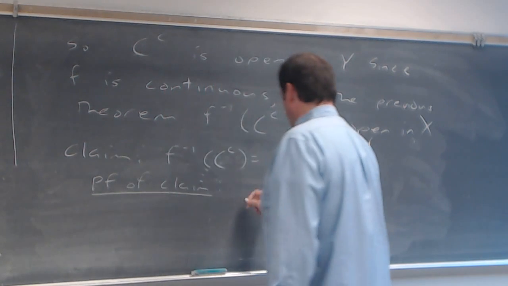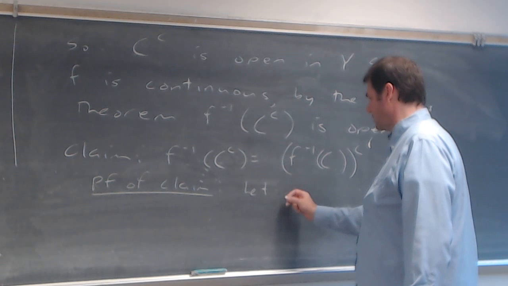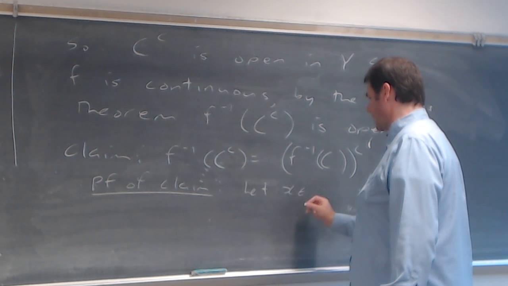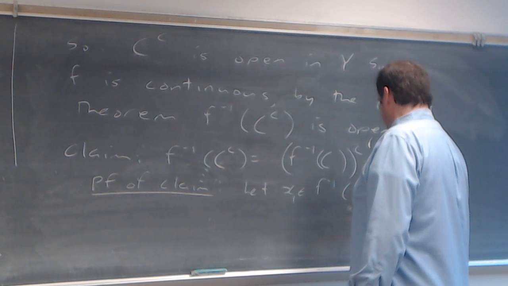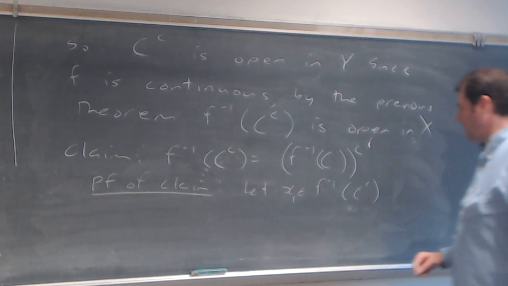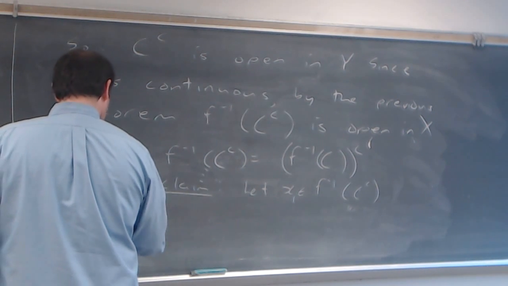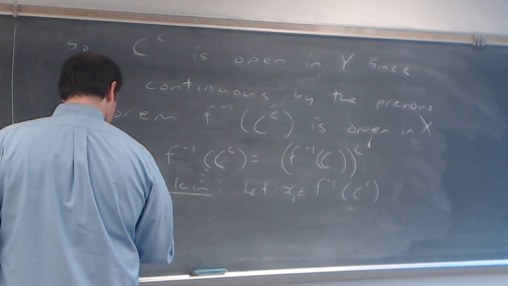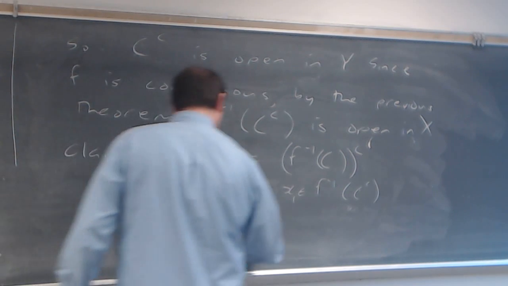Okay, so how do we prove this? Well, we need to show that these sets are subsets of each other. So let's let x sub 1 be an element of the inverse image of C complement. Okay, so what can I say about that? Well, that means that F of x sub 1 is an element of C complement.